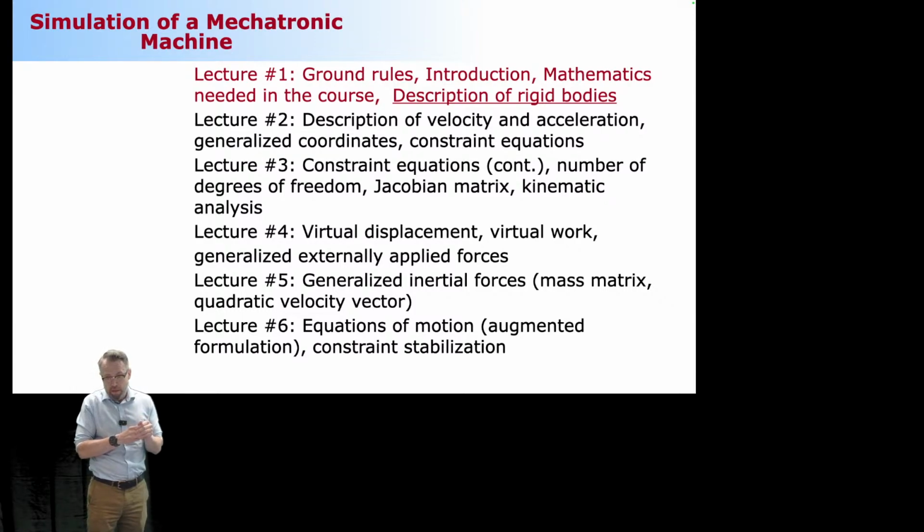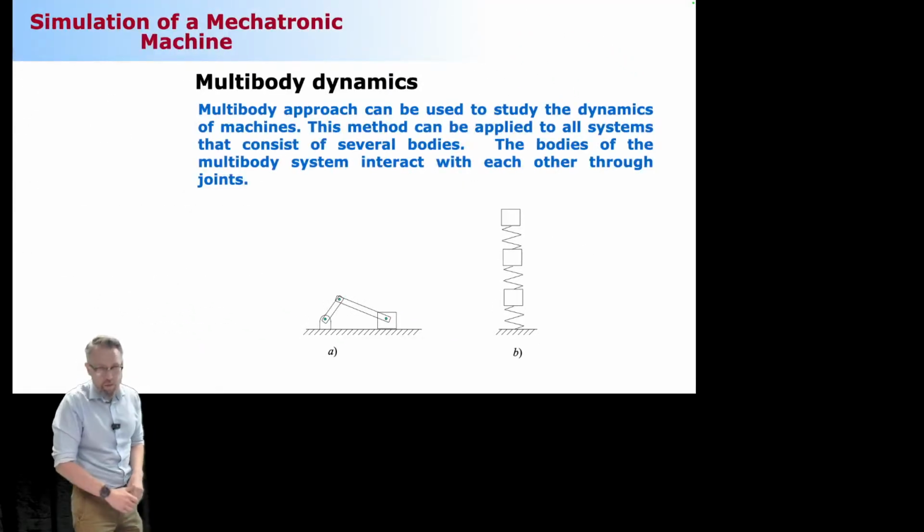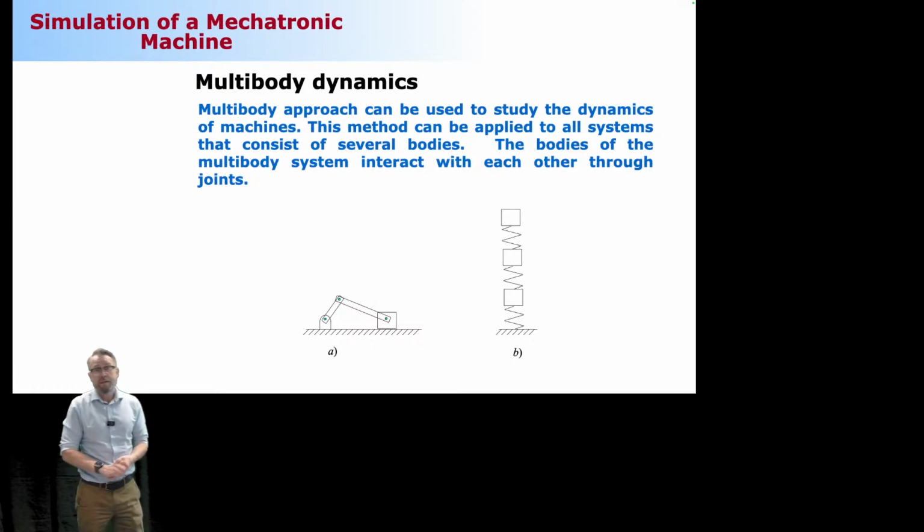All right, so, description of rigid bodies. Now we can open this subject matter called multi-body system dynamics, dynamic modeling. We're first getting started by introducing multi-body system dynamics. As the title implies, it is a method that can be applied if there is a system consisting of multiple bodies.